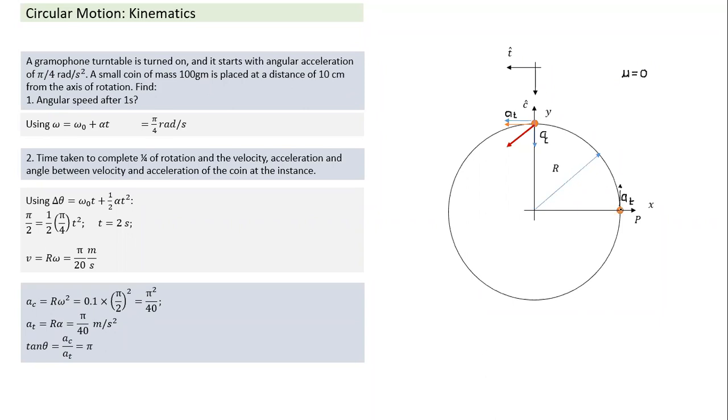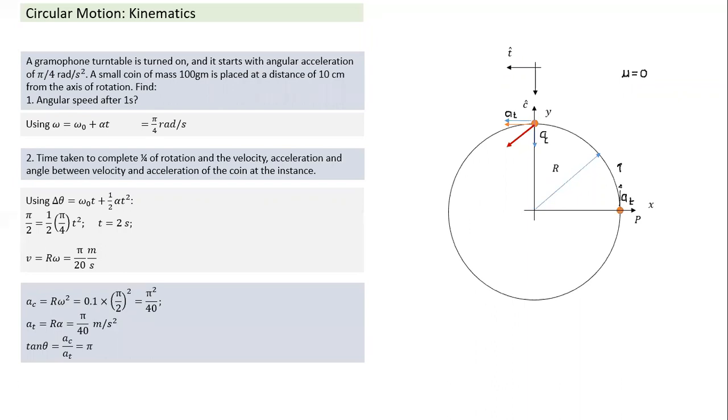See here, at this instant, the moment we started the gramophone, this particular point on the gramophone had an acceleration of r alpha, in the tangential direction. There are two points in contact: the coin is in contact with some part of the gramophone. If there's no slipping, both have to have the same acceleration.